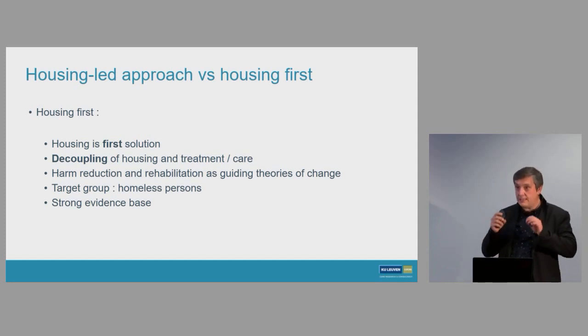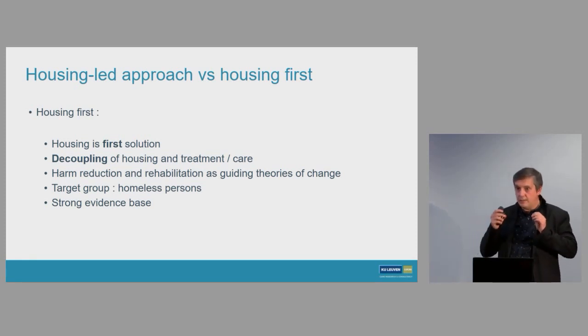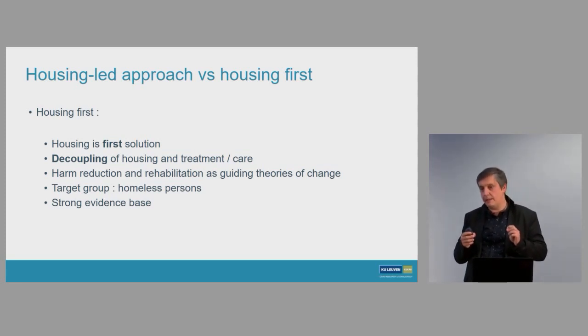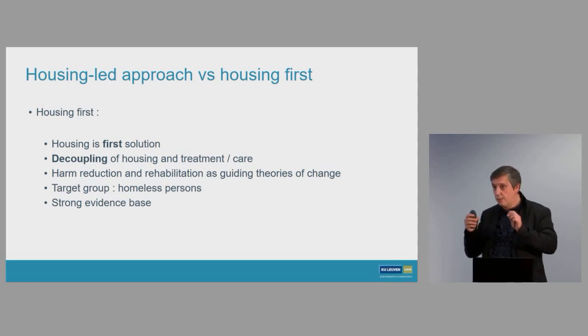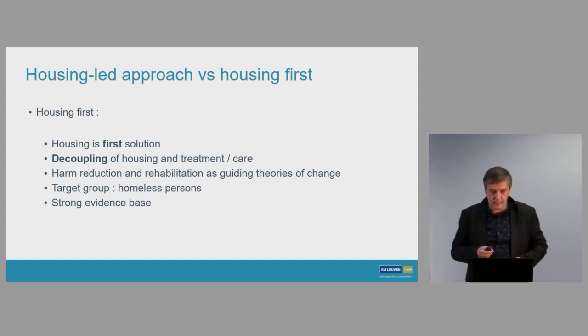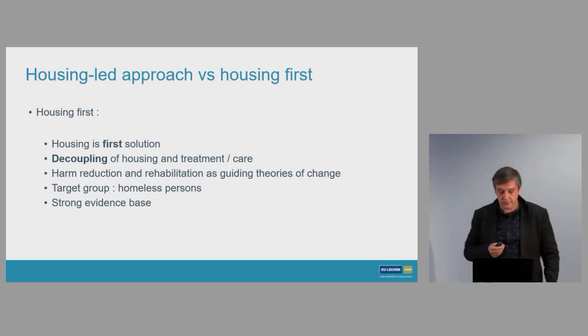This is a very essential characteristic, and it's linked with the autonomy approach of housing first. Housing first is very much based on the idea that homeless people are capable of making their own choices. So this also means that homeless people can decide themselves if they want to have support or not. And so this decoupling is a very essential ingredient of the housing first approach.